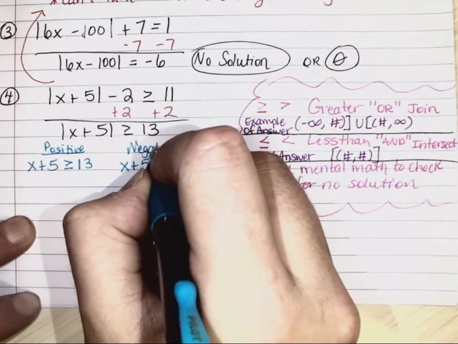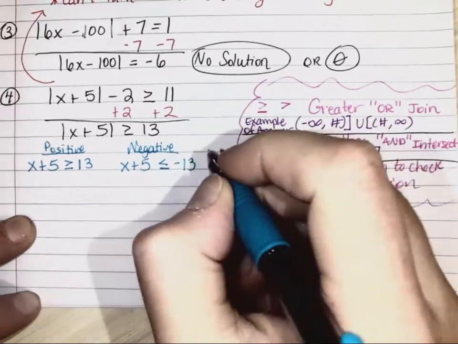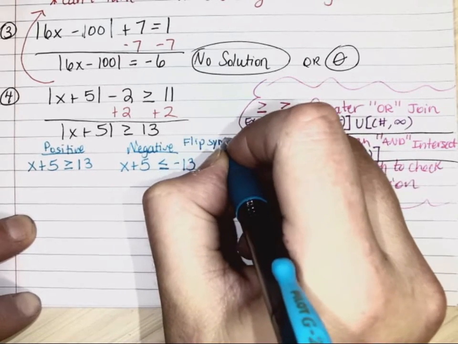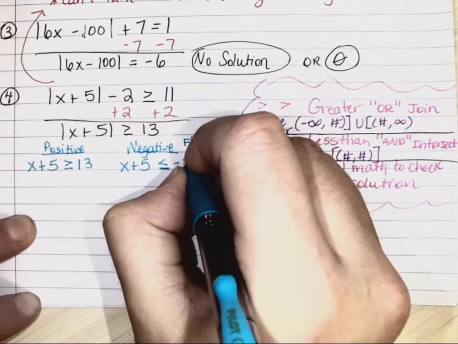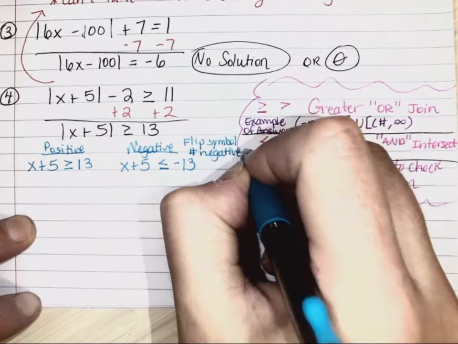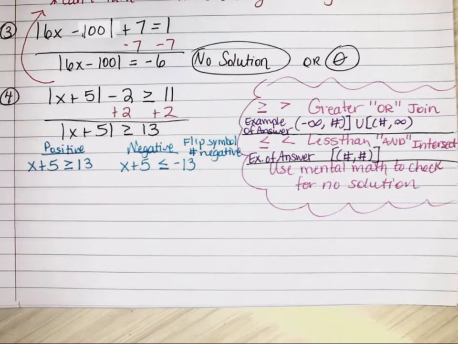So for the negative, you keep the absolute value the same, but you have to flip your symbol and the number becomes negative. So flip your symbol and your number becomes negative. Now you solve both of those just like you would an inequality.